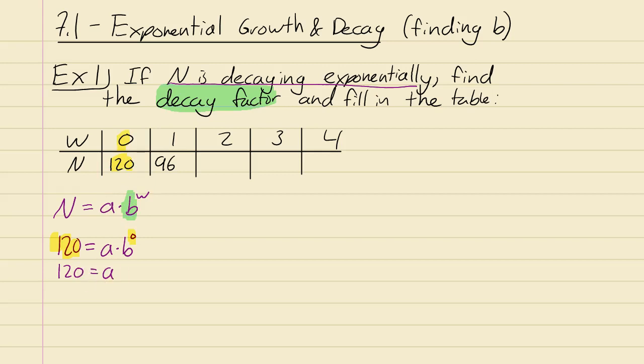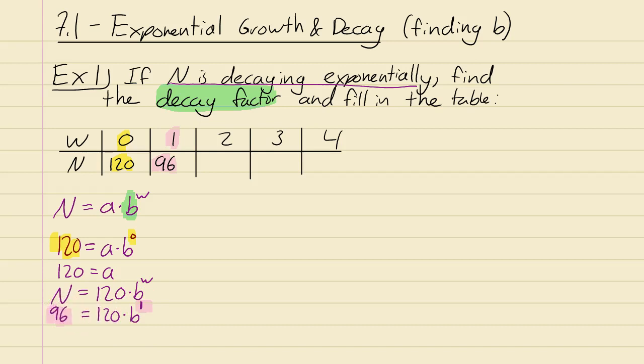So now we know that n is equal to 120 times b to the w, but we still don't know what b is. So next, let's plug in w equals 1 and n equals 96. So 120 times b to the power 1 should make the result become 96.